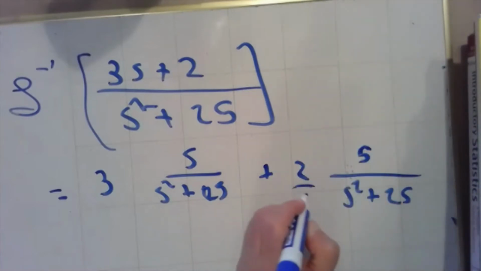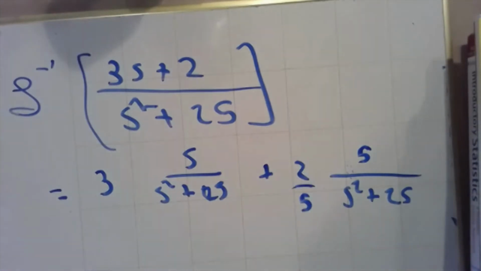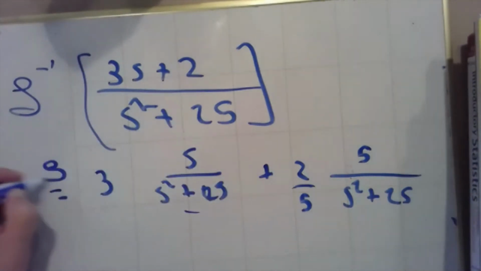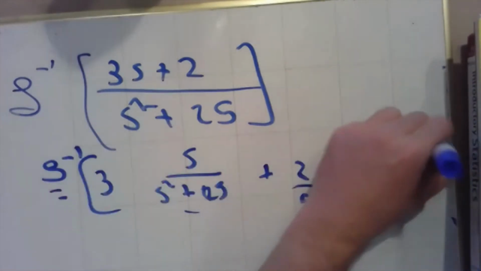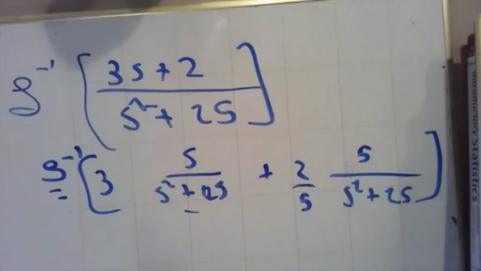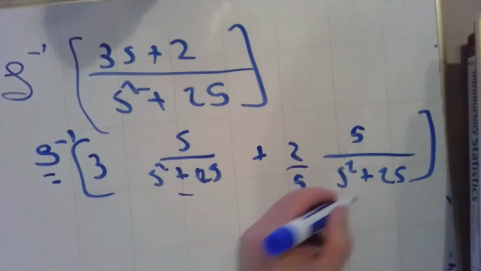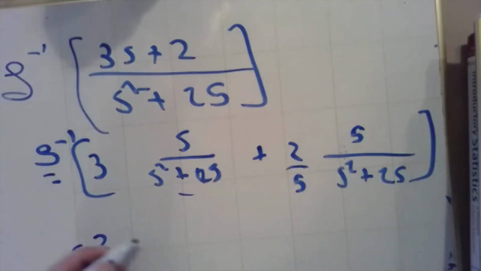In order to get that 5, I need a 1/5 in there. We want the inverse transform. The inverse transform of that is cosine. The inverse transform of this is sine. So we get 3 cos of 5x.